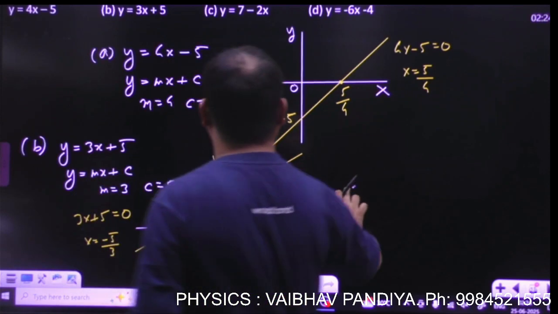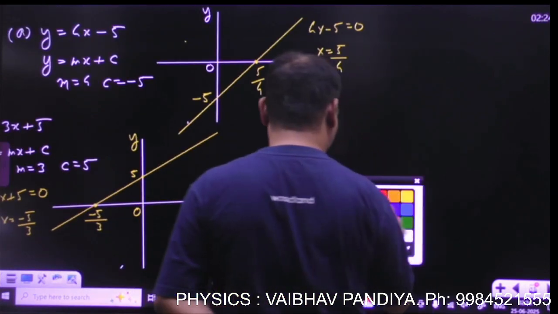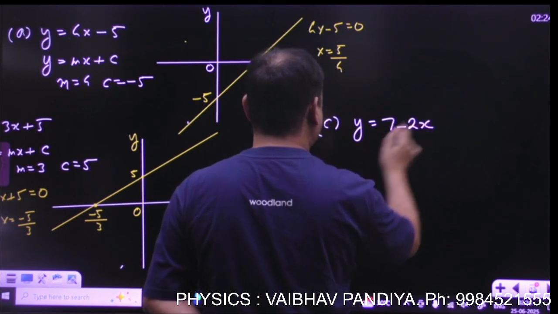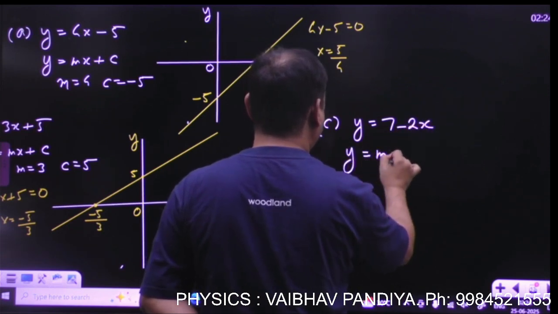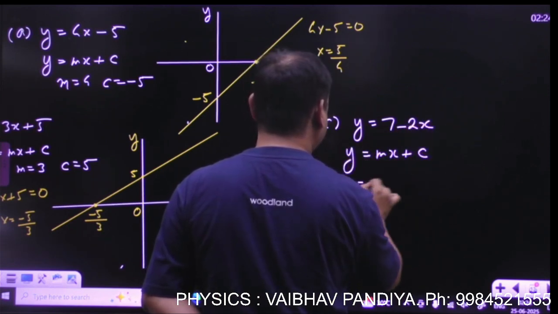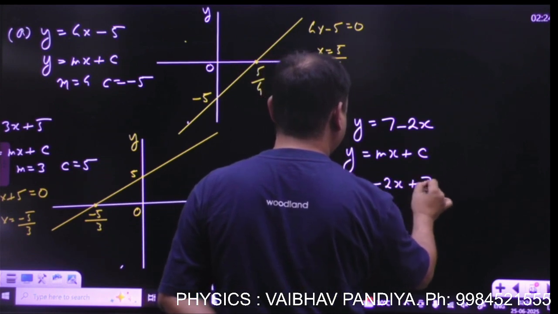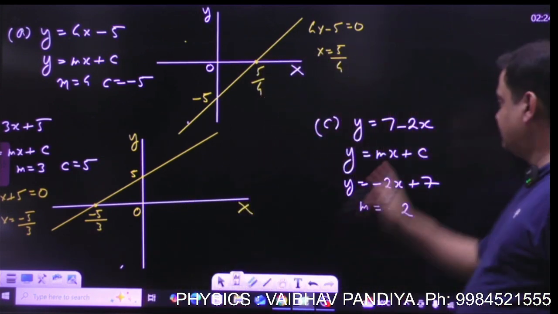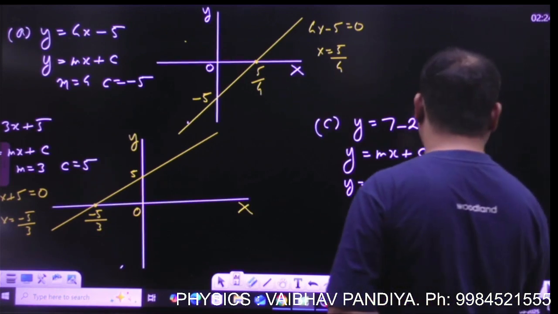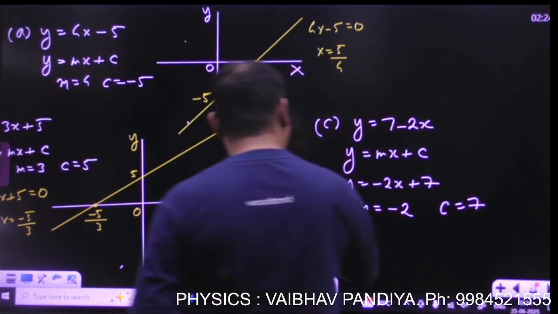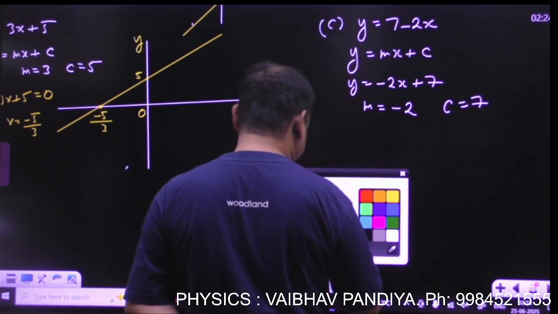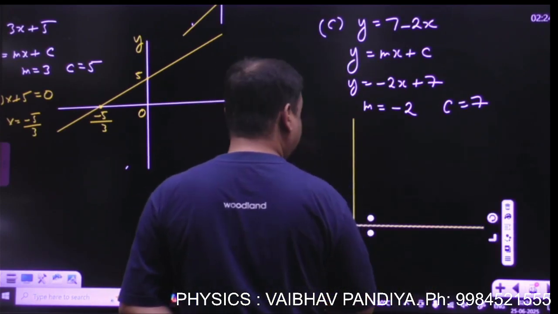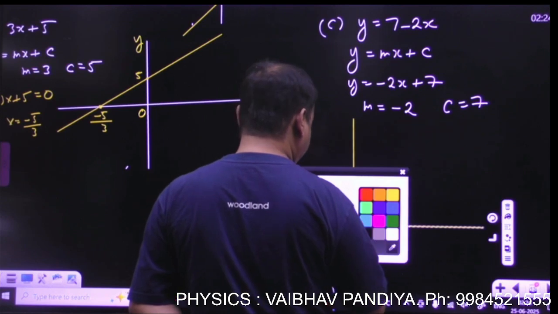Third graph is y is equal to minus 2x plus 7. So if you compare it with y is equal to mx plus c, the slope is having a value of minus 2. That is the coefficient of x, and the intercept is 7. So we will have, because the function is linear, negative slope and positive intercept.